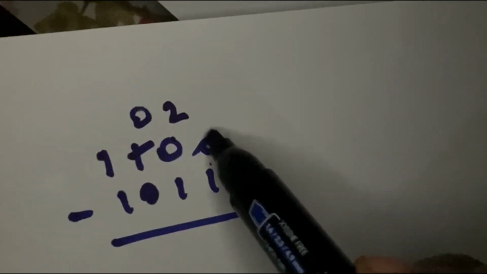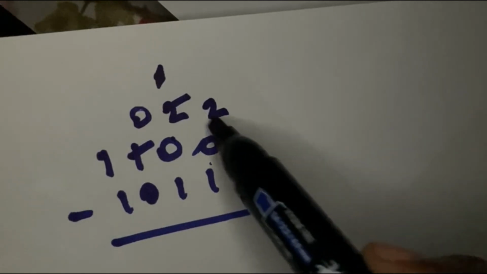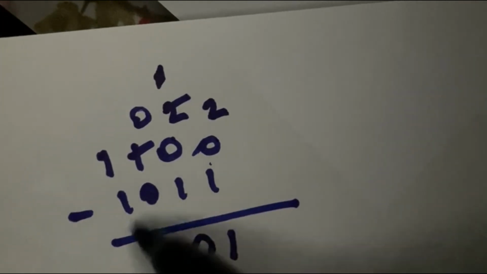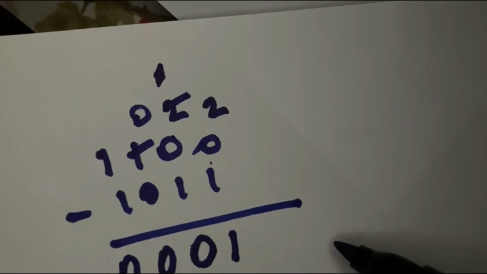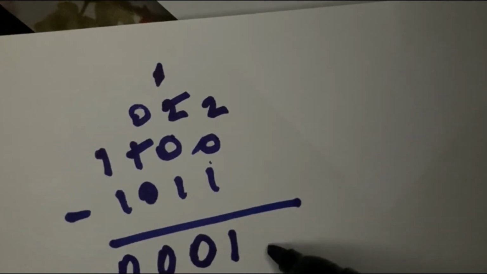Again, this 2 can lend to this one, so this 2 changes into 1 and this changes into 2. So 2 minus 1, 1 1 minus 1 will be 0, 0 minus 0, 0, 1 minus 1, 0. Therefore, the binary digit 1 1 0 0 minus 1 0 1 1 equals 0 0 1.